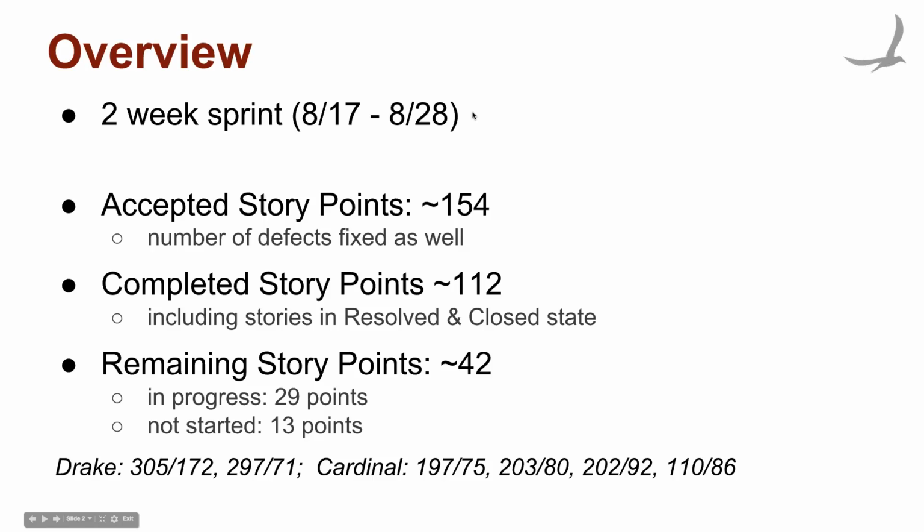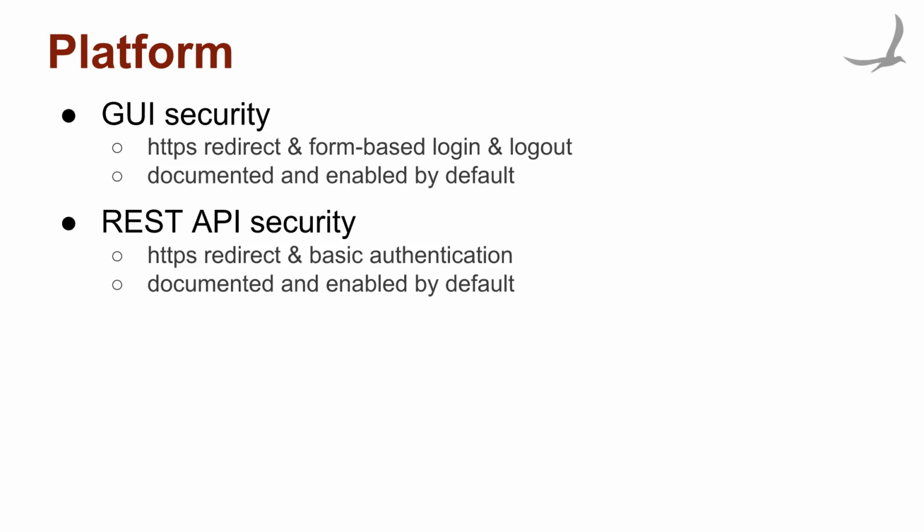And so we ended up with about 150 points, and we completed about 110 of those. So we actually completed pretty close to what we originally planned. It's just that it was different stories. So we're getting a little bit better, but I think there's still room for improvement in terms of appropriately scoping the work and then completing it at the end of the sprint.